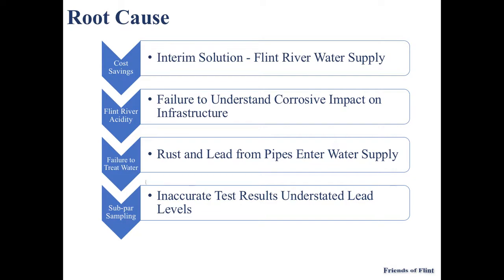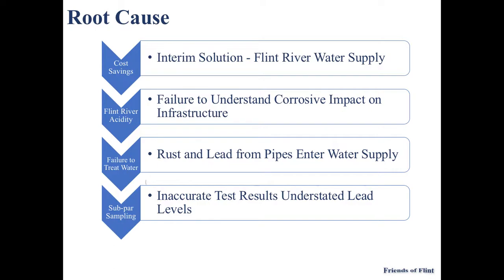So this goes back to that thing I had with the pie chart from the other group. You basically have four distinct points to make as to why this problem happened in the first place.